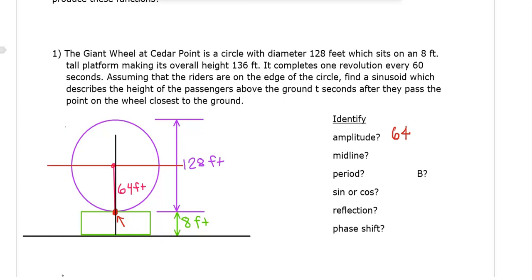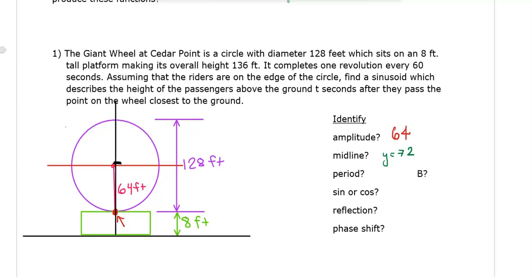This is my y-axis, if you want to consider it that way. Then this point right here would be 64 plus 8. Well, that's why the midline is going to be y equals 72. Okay. So now we've got that information, and now I can go ahead and figure out what the period is.